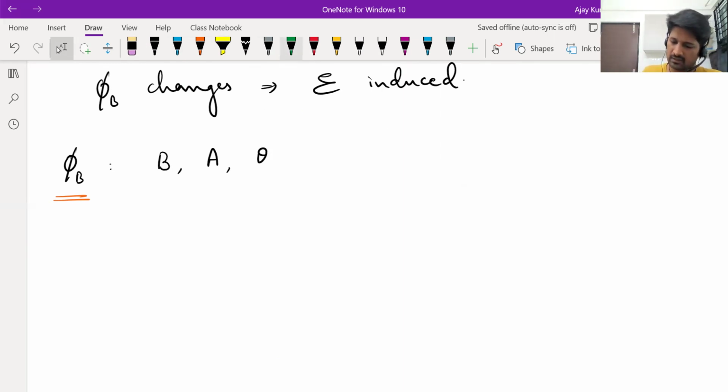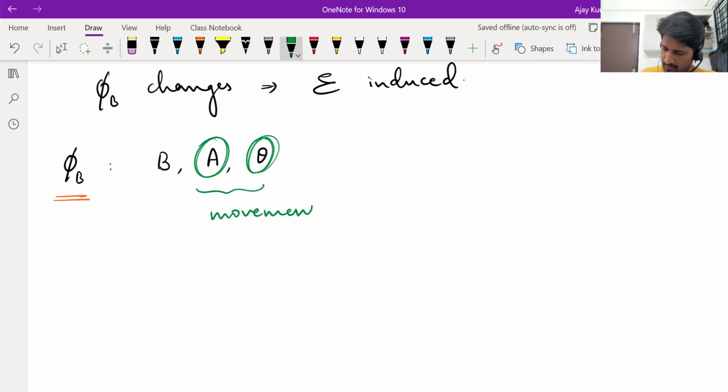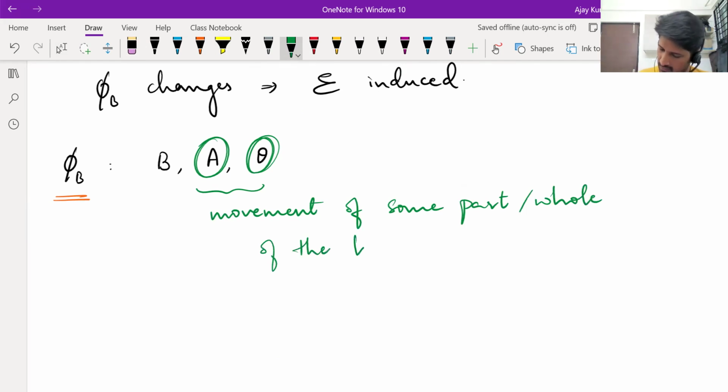Now see, if you want to change the area of the loop or the orientation of the loop, these two things involve movement of some part or the whole of the loop in a magnetic field. If you want to change the area, let's say you want to expand the area of a loop, you'll have to move some parts of the loop. If you want to decrease the area also, you'll have to do something like that.